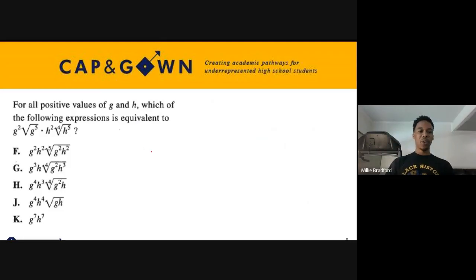So this question says, for all positive values of g and h, which of the following expressions is equivalent to this expression? All right. So we're going to rewrite this. We have h squared.